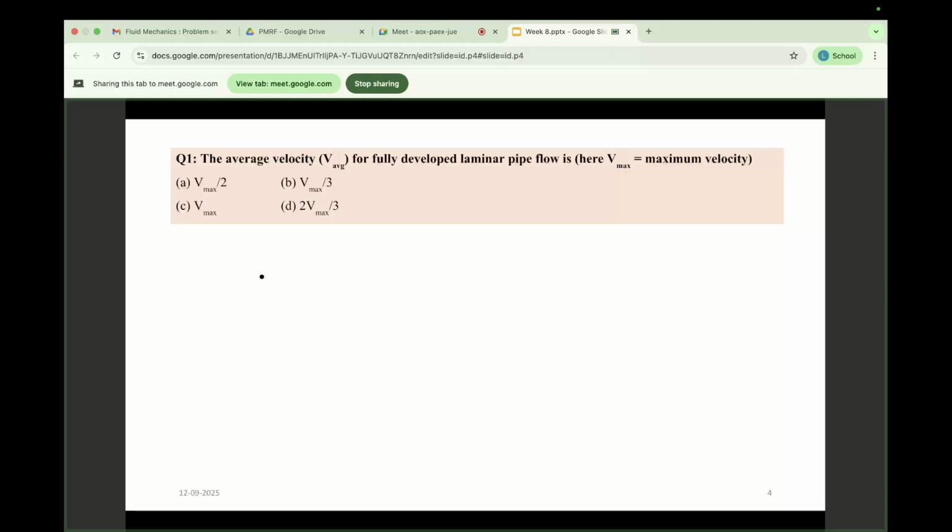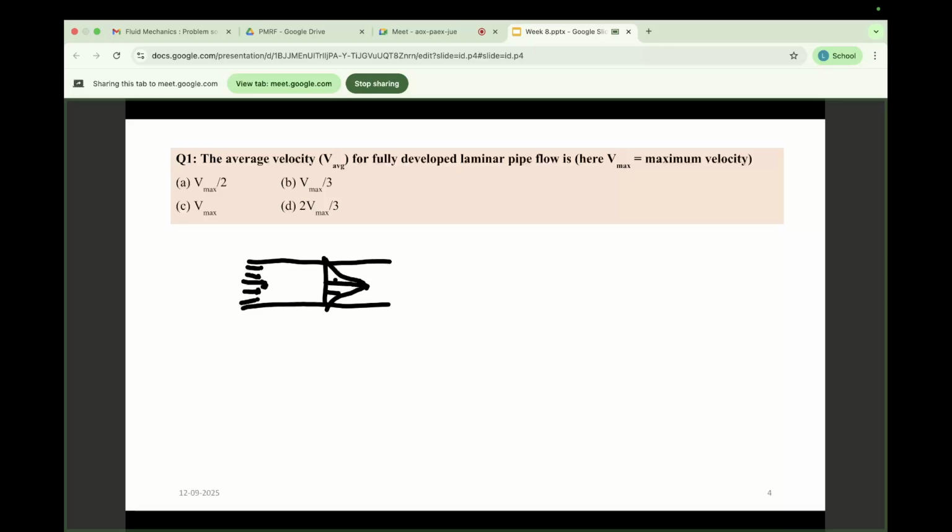Basically, if it is a fully developed laminar flow, that means say this is a pipe, right? The flow is going there. Here the Reynolds number value is less than 2000, say, but this velocity profile is parabolic in nature.